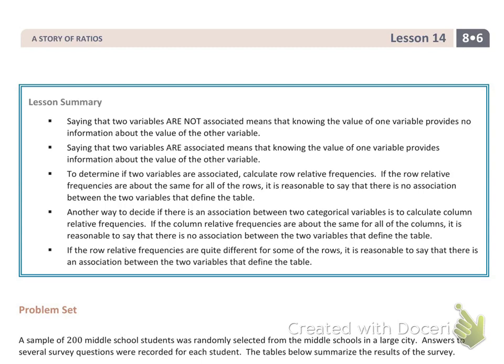Okay, so that concludes Module 6. One more module, module 7, left to do. We're going to talk a lot about irrational numbers, more about the Pythagorean theorem. So that'll be a little bit of a change of pace. So I would recommend doing the end of module assessment so that you know how you're doing on this material, and then move on to module 7.